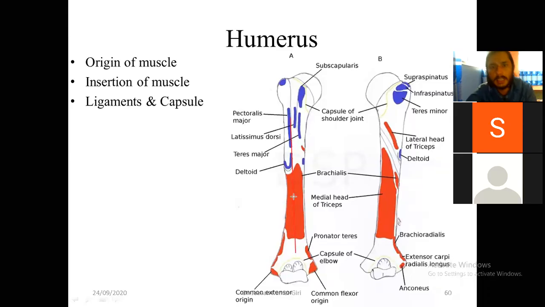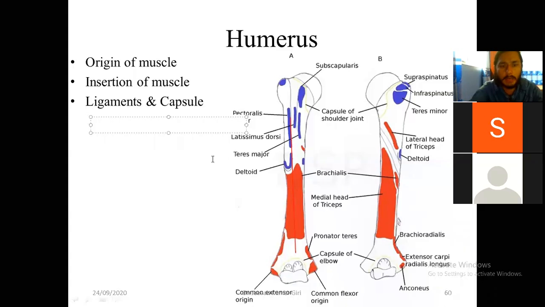This is the anterior medial surface and this is the anterior lateral surface, isn't it? This muscle is attached on the shaft on both surfaces. The brachialis is attached on the lower half of the anterior lateral and the anterior medial surface. In both surfaces it is there.